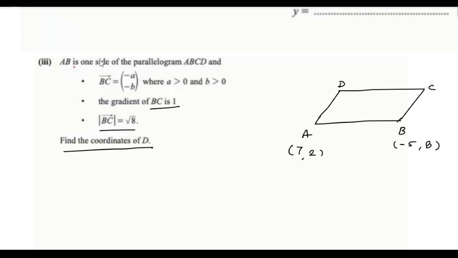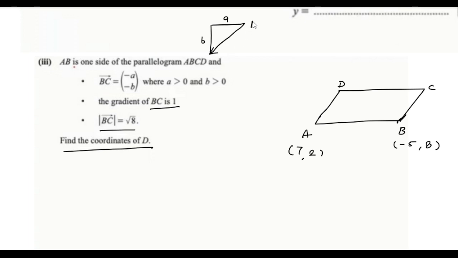Then they said that BC, okay, now BC is this line. For BC, I'm going A unit left and B unit down.